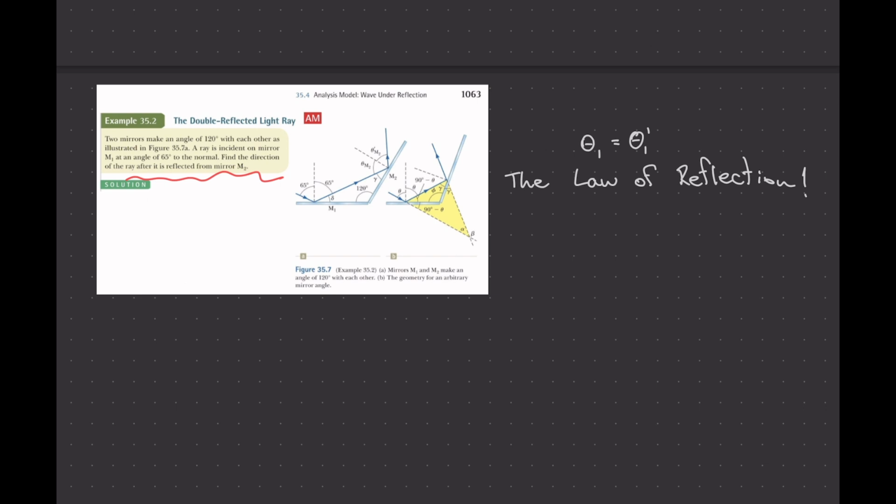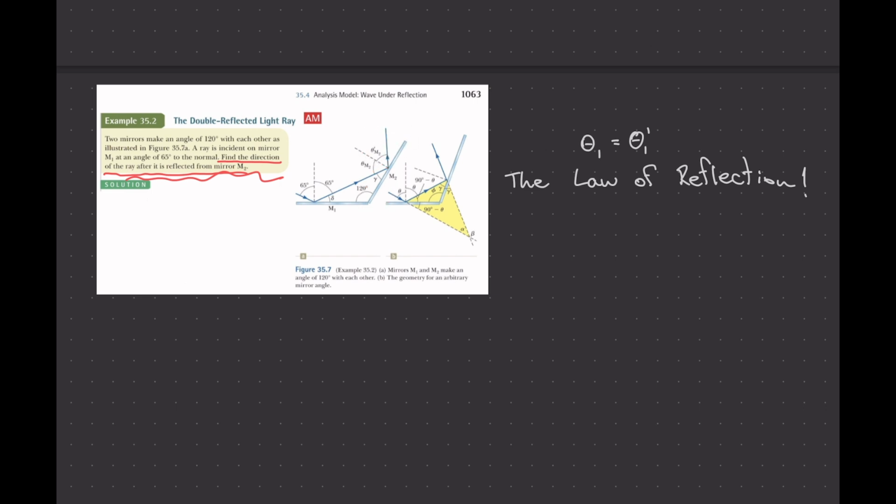A ray is incident on mirror M1 at an angle to the normal. Find the direction of the ray after it is reflected from M2. Here is M2, and here is the light ray. Theta M2 is the direction from the normal of this mirror to where the light ray is going. So if we find this angle here, I think we can solve the problem.